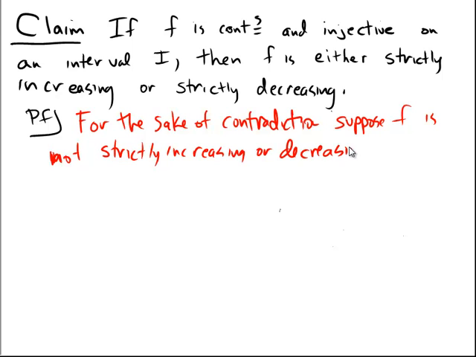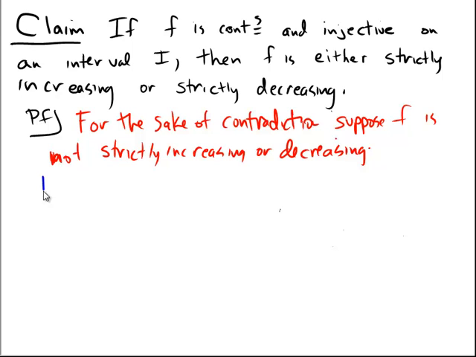Okay, well, what does that mean? Well, what that would mean is that there would have to be a place where it increased and a place where it decreased, right? Because we know that if it's not going to be only increasing or only decreasing, then that means there must be a place where it goes up and a place where it goes down.